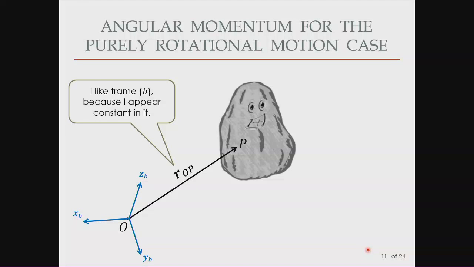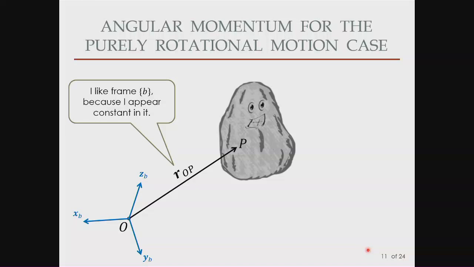So the vector ROP, when it is expressed in some frame B which is attached to this rigid body while it performs purely rotational motion, these components, which I'm calling RXB, RYB, RZB, will be constants throughout this purely rotational motion. Is it clear?